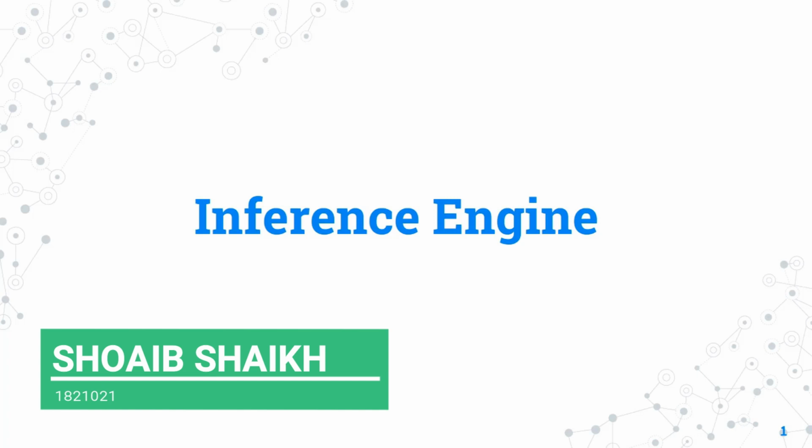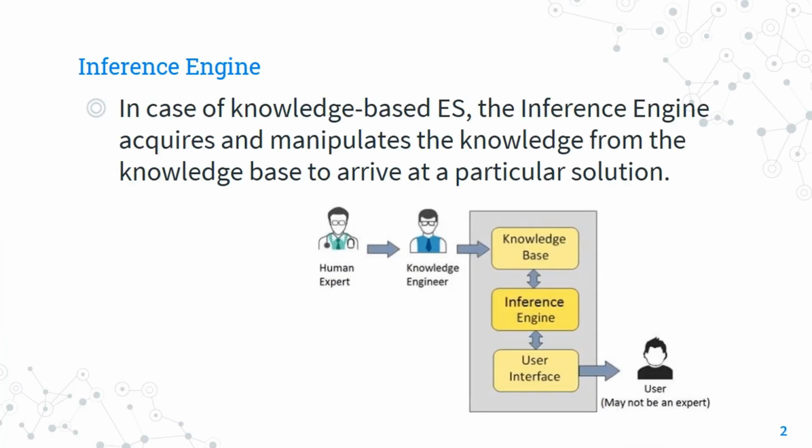Now let's see what the Inference Engine is. So before going to the Inference Engine of MYCIN, let's see what an Inference Engine is in general. In a knowledge-based expert system, the Inference Engine arrives at a particular solution by manipulating the knowledge from the knowledge base.